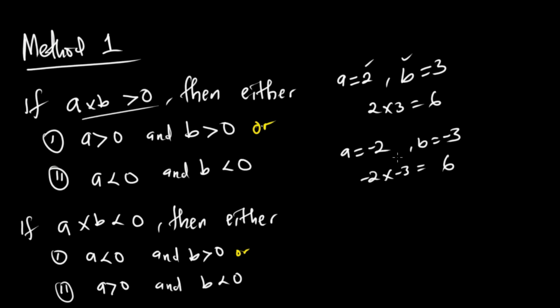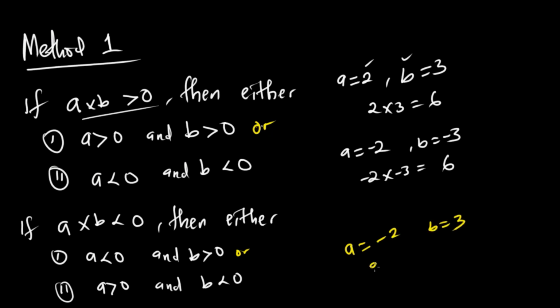If you look at the second condition, for us to have a multiplied by b less than 0, either a is less than 0 and b is greater than 0. For example, you can have a equal to negative 2 and b equal to 3.